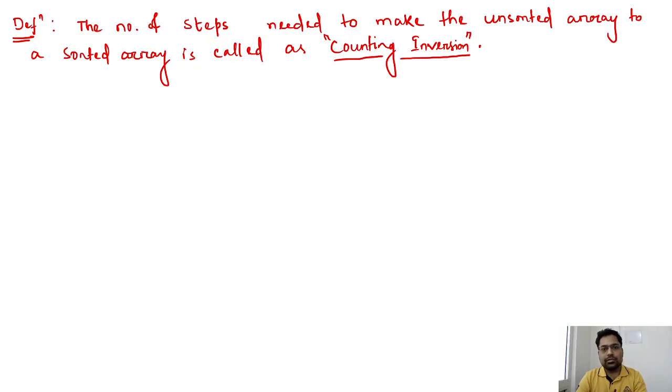One definition I found says how far or close an array is from sorted, which means exactly the number of steps needed to make the unsorted array sorted. We need the number of steps only. We do not want the steps themselves, and we do not want to convert it first. We just want a basic idea that only this many steps are needed to make the unsorted array sorted. This is what counting inversion is.